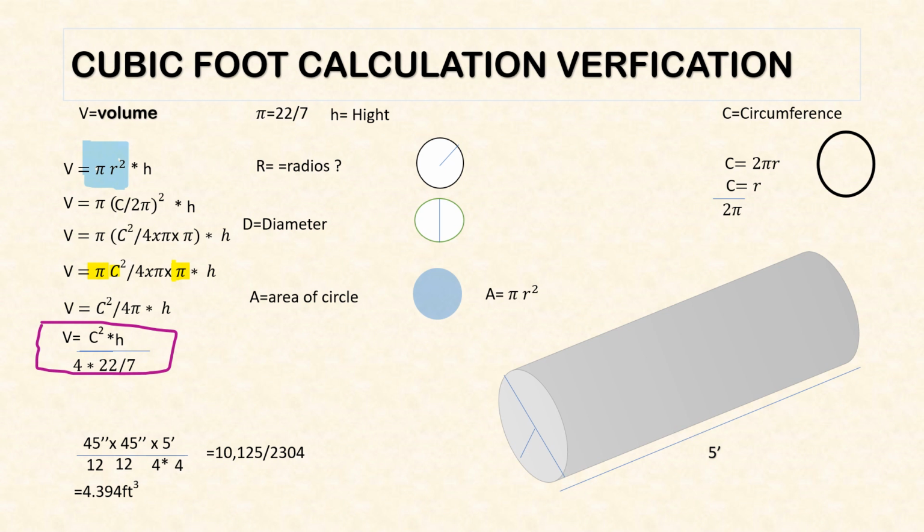There again, the same answer, that is 4.394 cubic feet, will be there as your answer. So I consider the answer we can verify in terms of the analysis of the formula given in the first example.